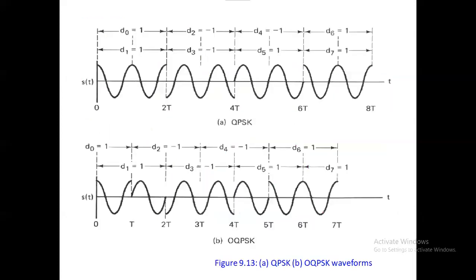So this signal has the output waveform with plus minus 90 degree transitions at the start of the symbol. But in QPSK, we have a transition of 180 degree as well.